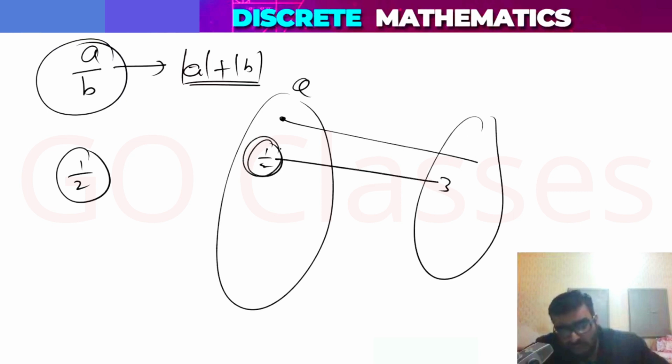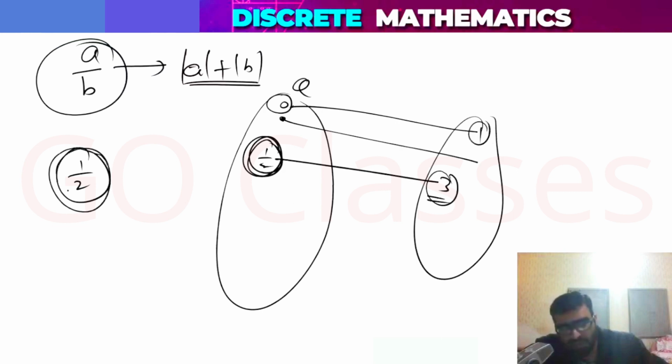So for every rational number you have a unique natural number, except 0. 0 is very easy to cover, because you can just assign this 0 to 1. Don't worry about this 0. So every rational number can be assigned to a unique natural number.